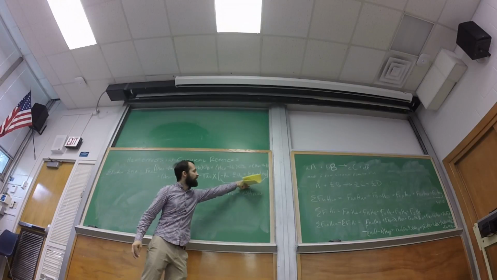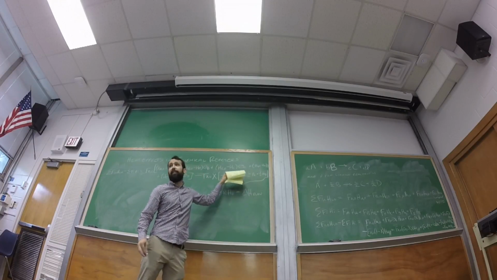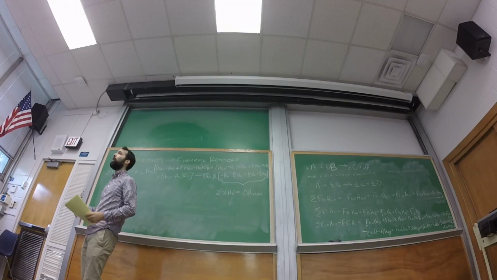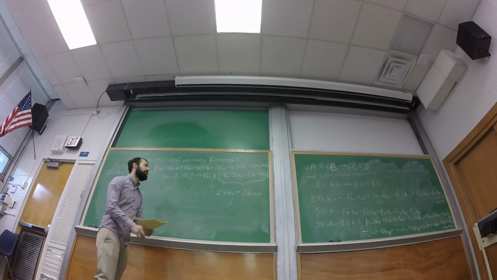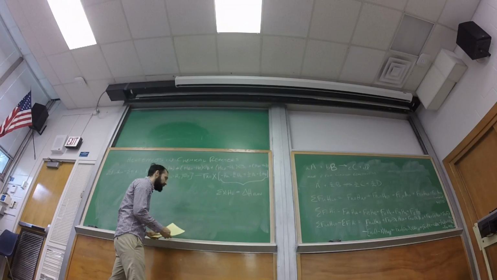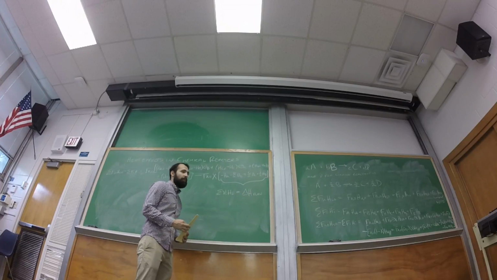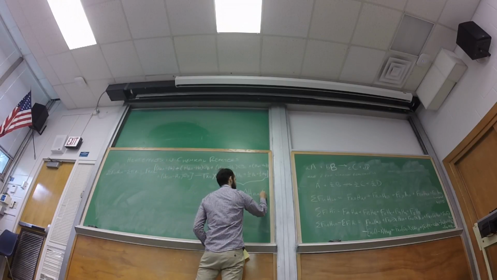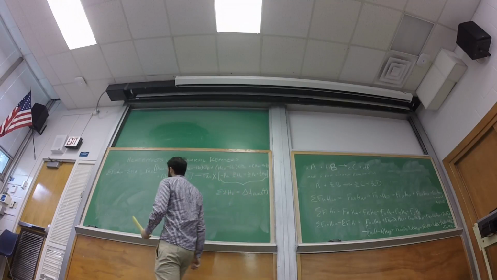Products minus reactants, right? The enthalpies of each product minus the enthalpies of each reactant, multiplied by their stoichiometric coefficients, you get the delta H of reaction. Now, does that change with temperature? Yes. Okay.